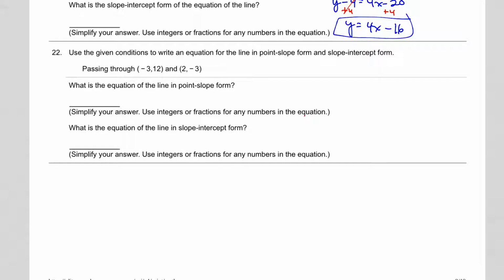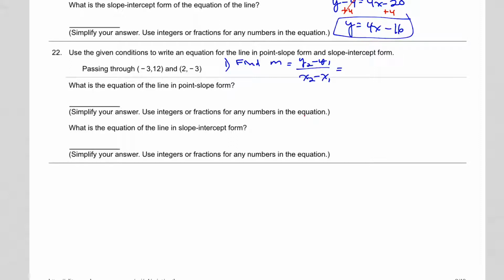Number 22, the only 2 pieces of information given is 2 points. There's no slope. So we do need to get the slope first. We need to find m. So use the formula for m, or the slope.